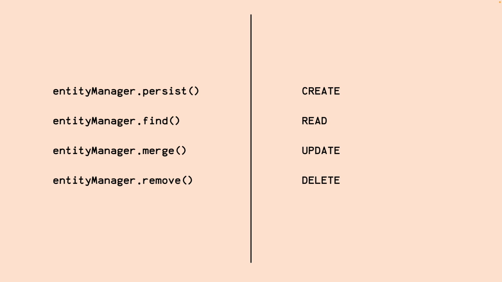The persist is not a create method and the merge is not an update method. These methods can result in an update in the database or an insertion in the database, but they are not exactly that, and this is why they are called differently.